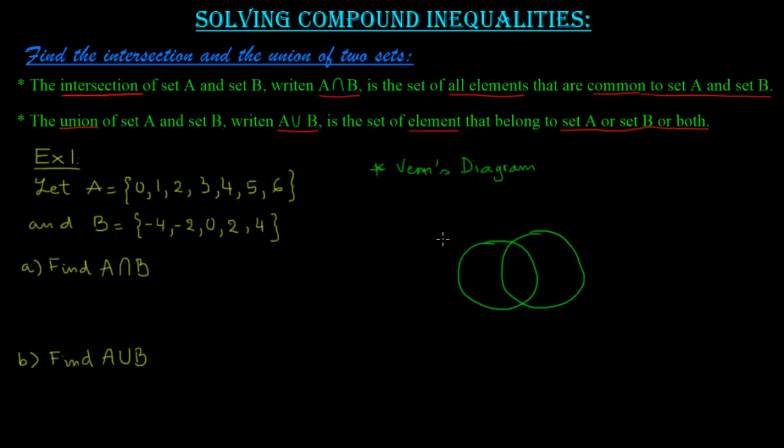The first circle stands for A, and the second circle stands for B. Then I fill in the middle, where the circles intersect, with the numbers common to both sets. We have 0 from A and also 0 in B. So we have 0 in common.